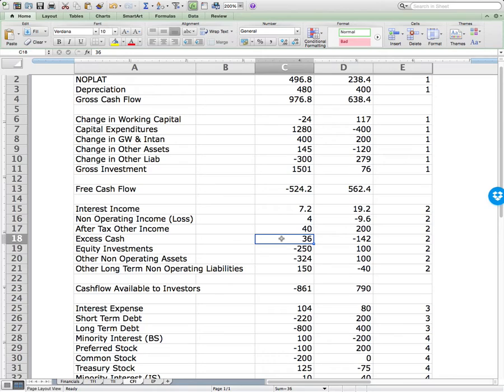What happened here in this year for this hypothetical company? What did they do with the positive 36? Positive 36 on CFI. What does that tell you? Change in excess cash.